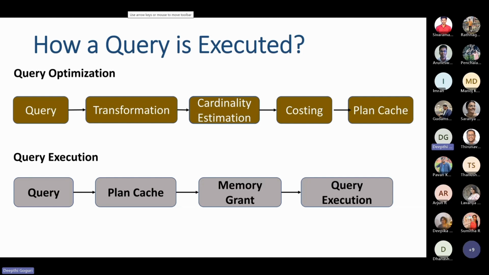But let's see any query that is running on SQL Server. It will first go through the transformation phases, where it will do the compilation and optimization phase, and it will create the execution plans based upon the cardinality estimates.